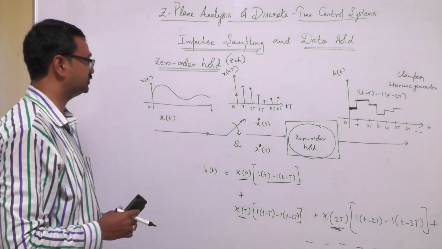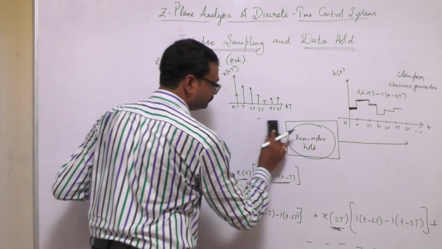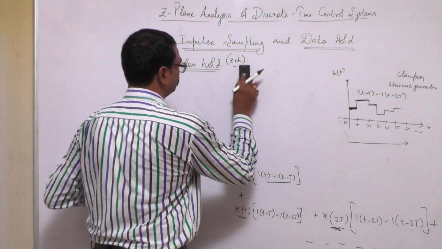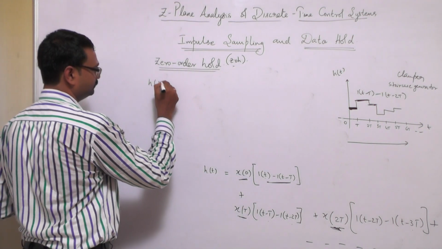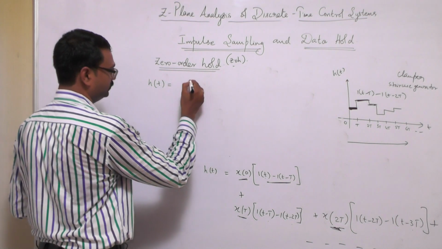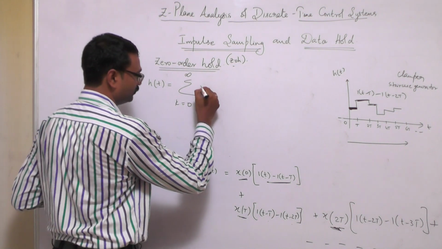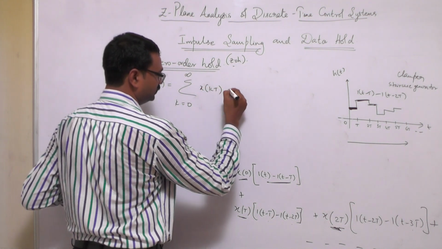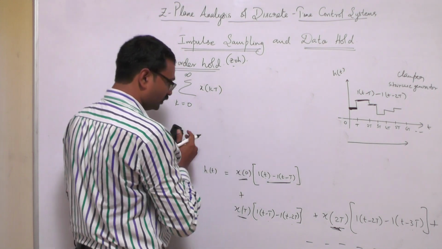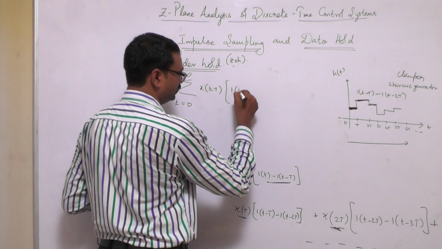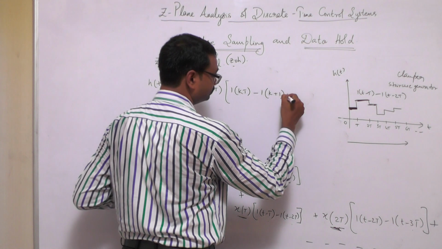So you are going to have this signal continuously, and with this zero order hold, we are going to apply h(t) is equal to the sum, an infinite summation, k from 0 to infinity, x(kT) into 1(t minus kT) minus 1(t minus (k plus 1)T).